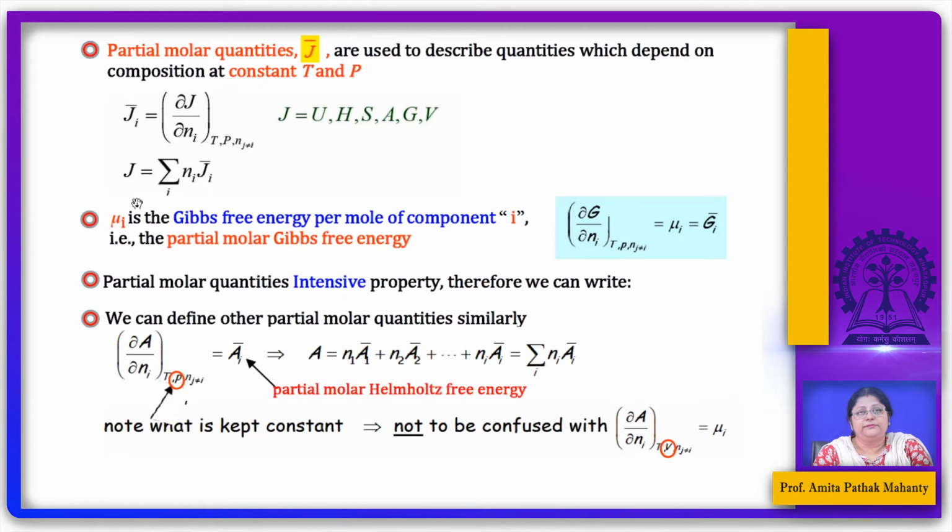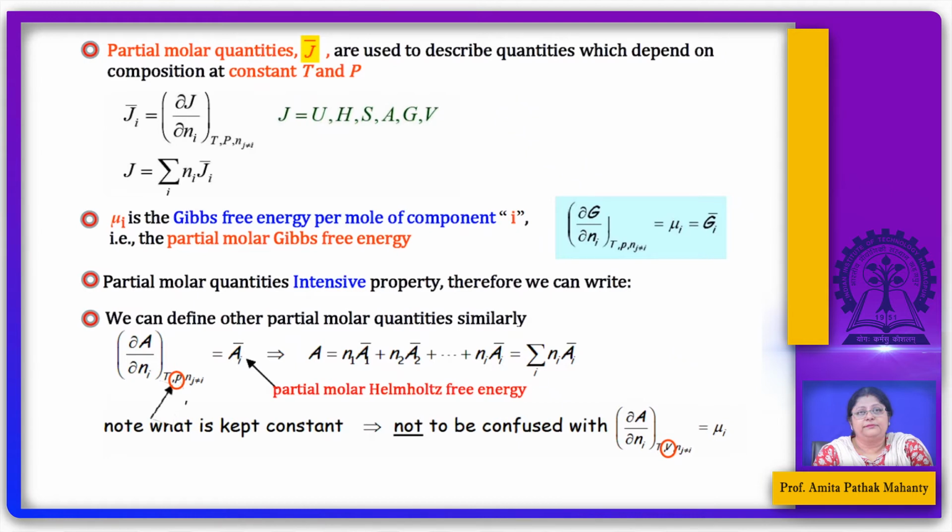Partial molar quantity is going to be an intensive property, while the thermodynamic parameter will be extensive. So the extensive property will be the summation of the number of moles of each species present times the partial molar quantity, summed over all the species present. Here I have to mention that i is not equal to j, because if a number of components i, k, j, l, m are present, a change in one component's species will have to keep the other species constant.